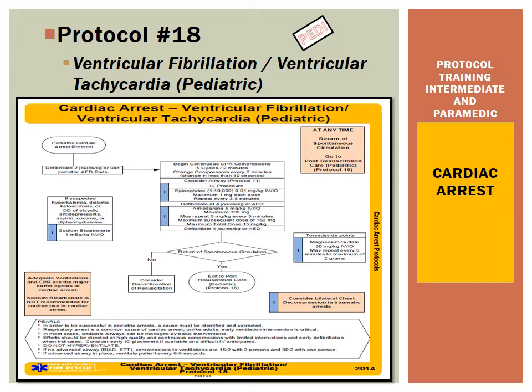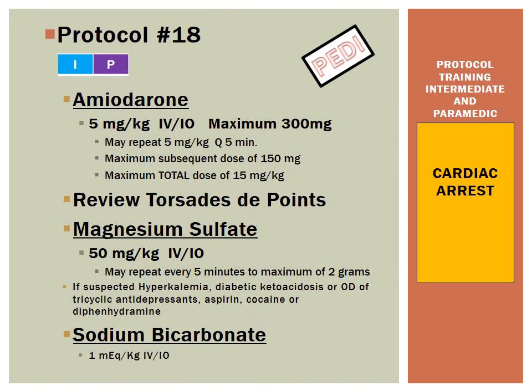Protocol 18 is our VFib VTAC pediatric protocol. No real change in our treatment other than our chief antiarrhythmic is amiodarone. The dose of amiodarone for our pediatric patients is 5 milligrams per kilogram IV-IO to a max of 300 milligrams. You may repeat 5 milligrams per kilogram in 5 minutes.